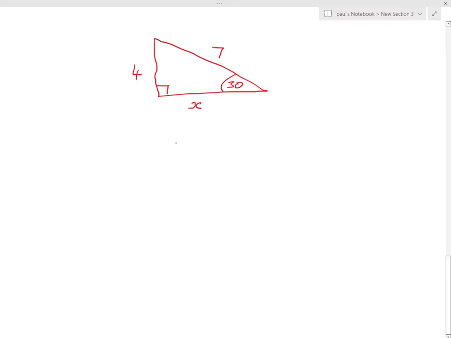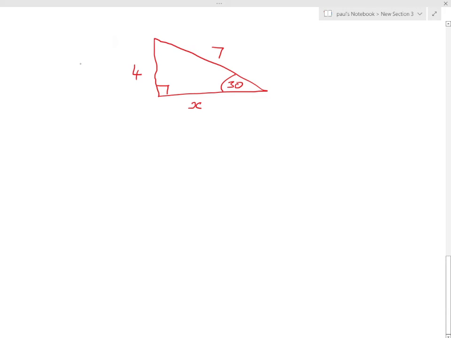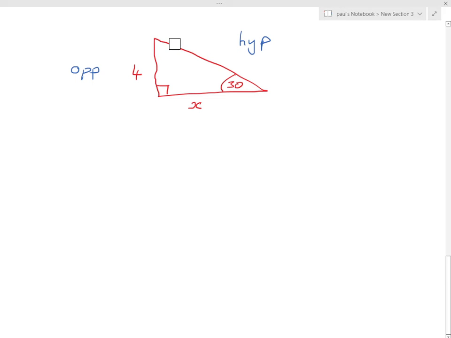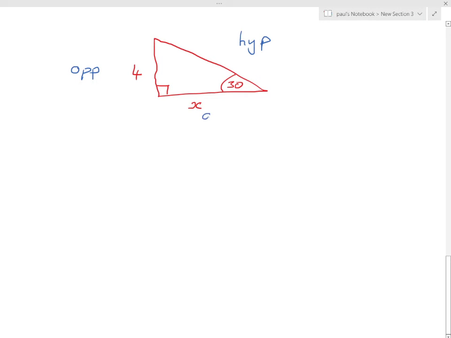So first up, label. Opposite, hypotenuse. Oh no, we don't need all these numbers, do we? I was Pythagorasing then, wasn't I? Opposite, hypotenuse, adjacent.